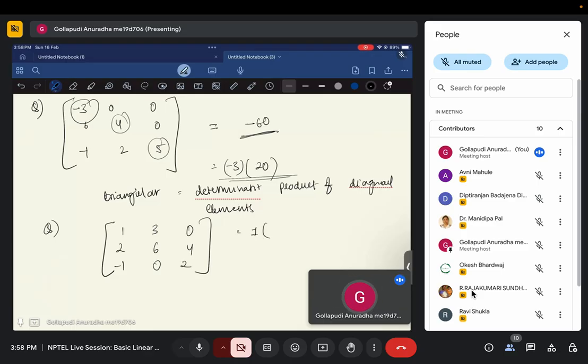So 1 into 12 minus 3 into 4 plus 4. So it's like 12 minus 24 is minus 12, right?